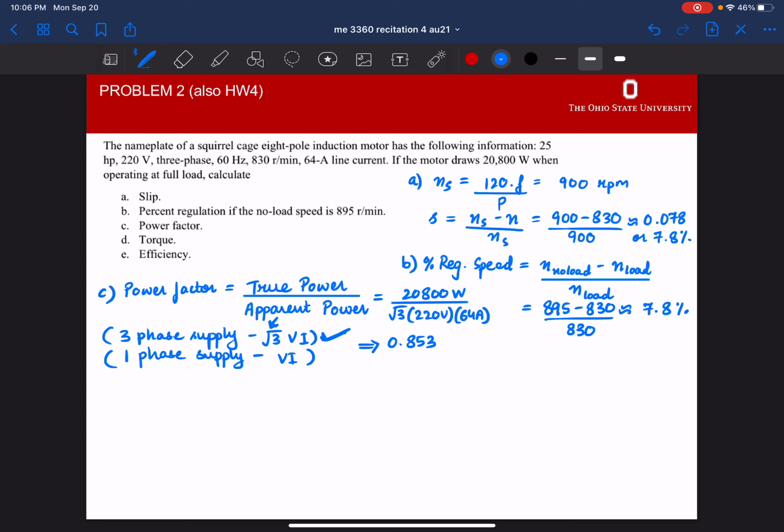So when it's between 0 and 1, we say that the current lags voltage, and that is the case over here. But let's say if we had the power factor between -1 and 0, the current leads the voltage in that case.